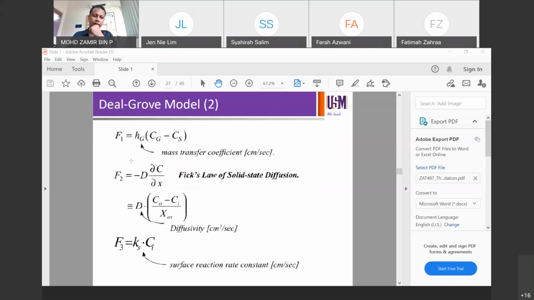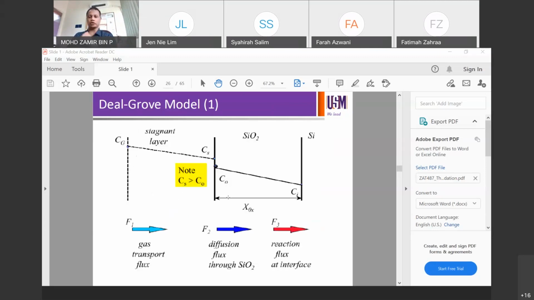Flux 2 will be given by negative D, diffusivity, dC/dx, right? C there is given by C0 minus Ci. C0 is the concentration of the reactant in the oxide at the surface, even though they are at the same interface, minus Ci. Ci is the next one, the concentration of the reactant at the surface of silicon.